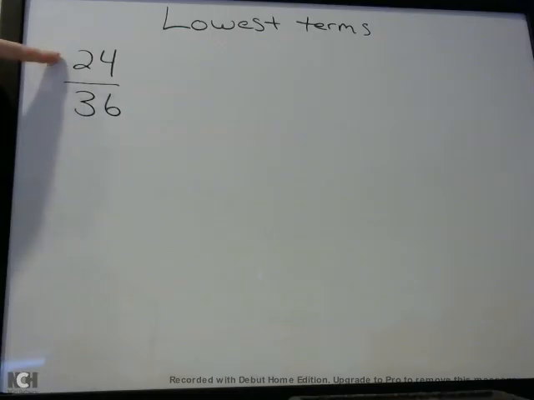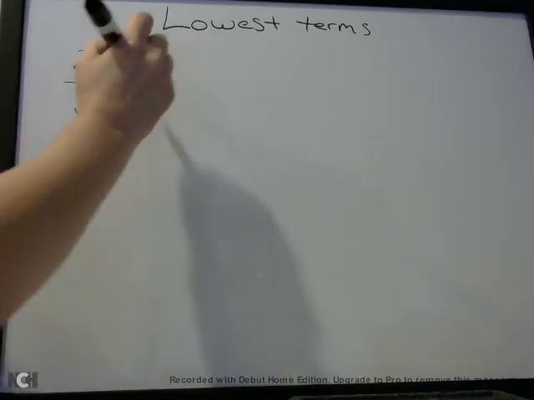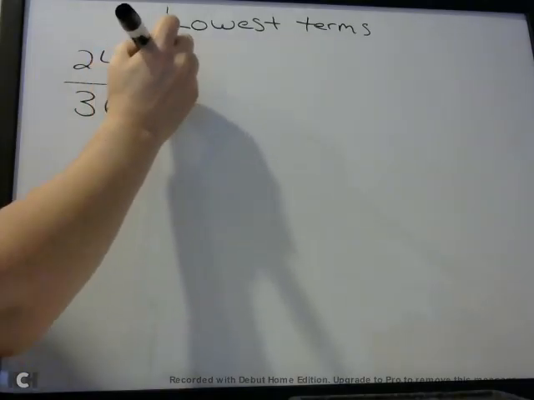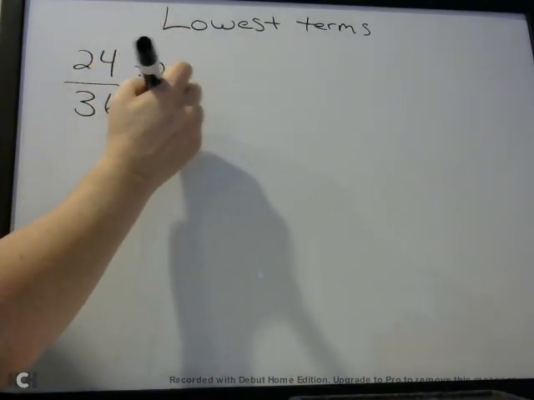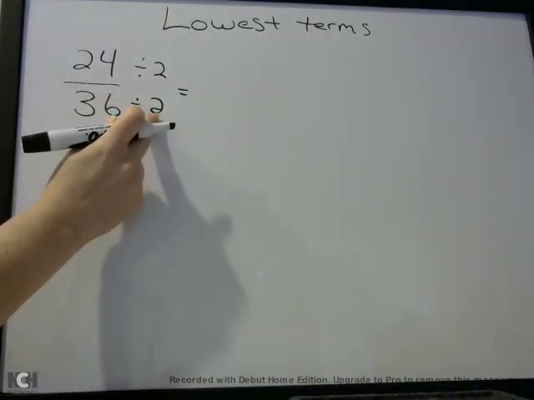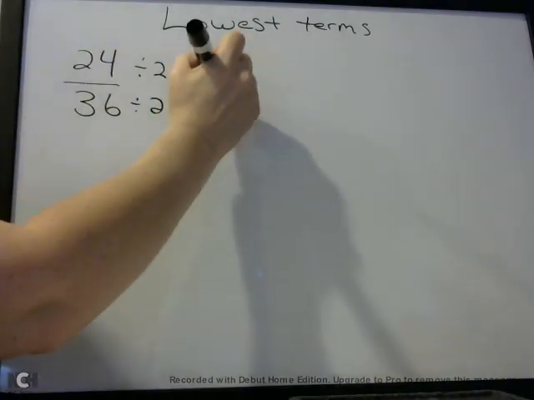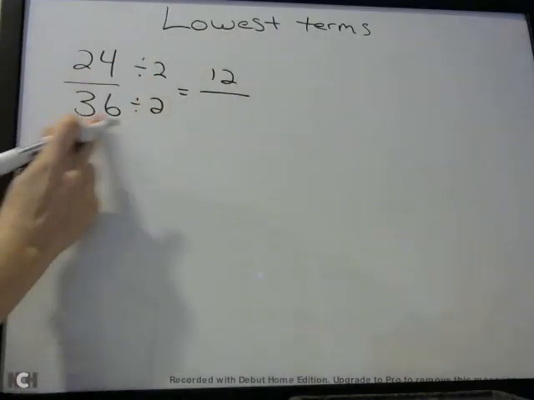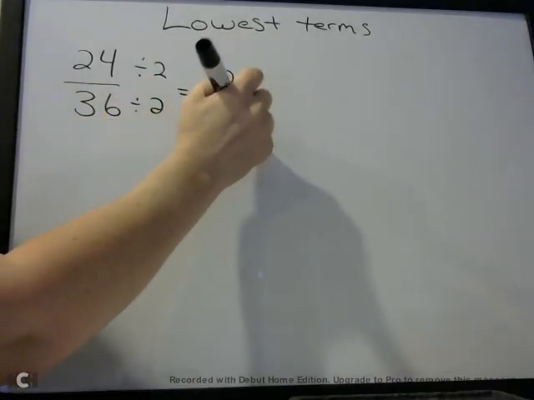You should know that 24 and 36 can both be divided by 2. So we're going to divide by 2. Both the numerator and the denominator we have to divide by the same number. So 24 divided by 2 is 12, and 36 divided by 2 is 18.